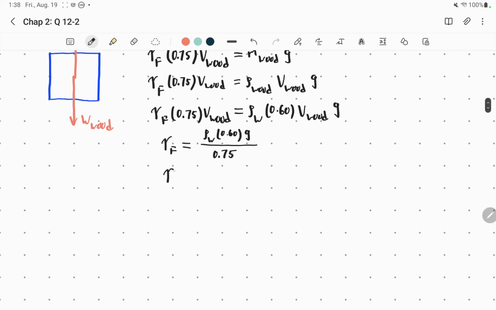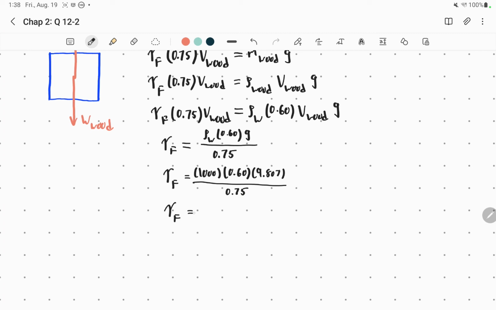Okay, and then if we do the math on that, actually I'll put in the numbers I'm using so we don't forget. That's 1000, 0.60, 9.807 over 0.75.